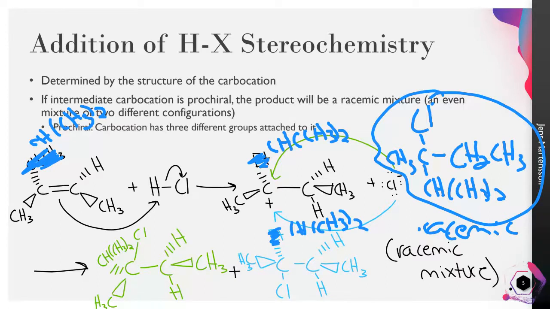Does that make sense? The only rotation I mentioned before is when you're trying to figure out absolute configuration, R and S, when you have to put the lowest group in the back. R is if groups 1, 2, 3 are going clockwise, S configuration is when groups 1, 2, 3 are going counterclockwise.